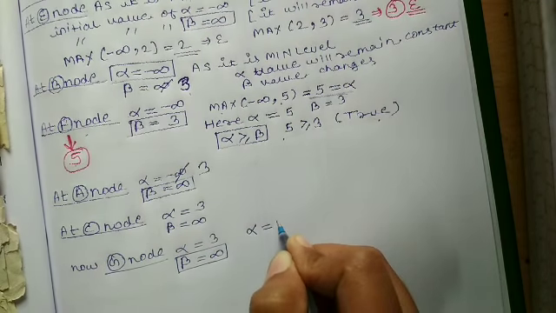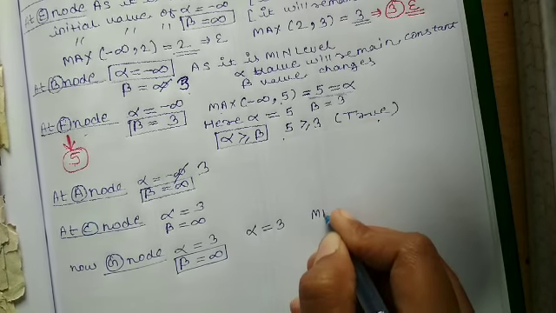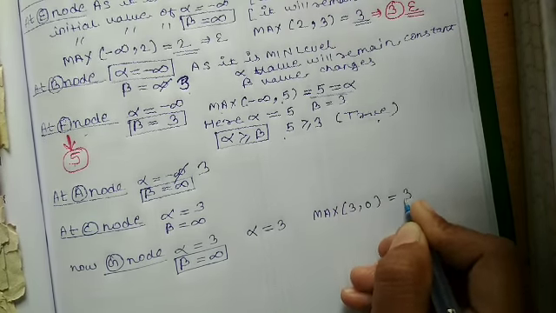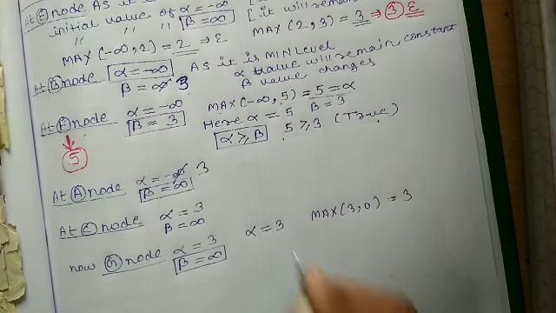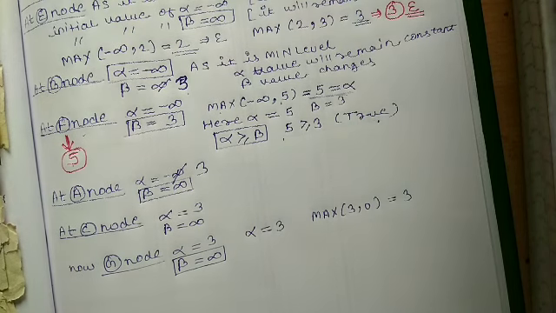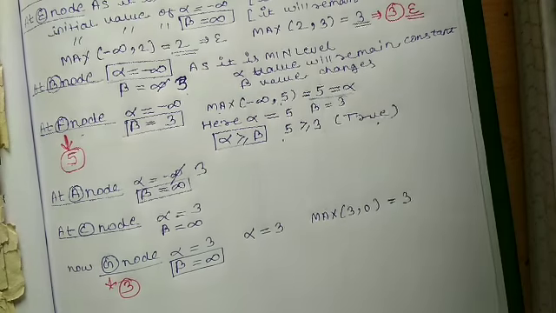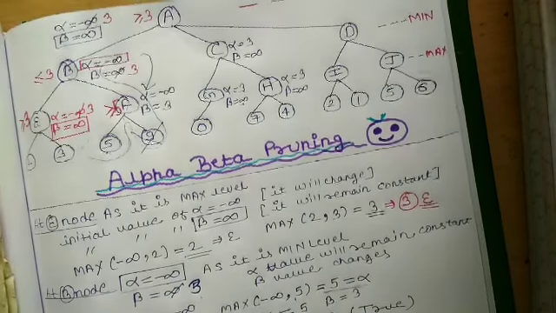Alpha is equal to 3 here, and maximum of 3, 0 is equal to 3. So the value of G node will remain as 3. This value will become 3 as we have reached its last child.